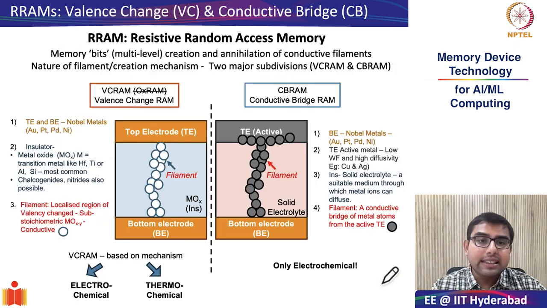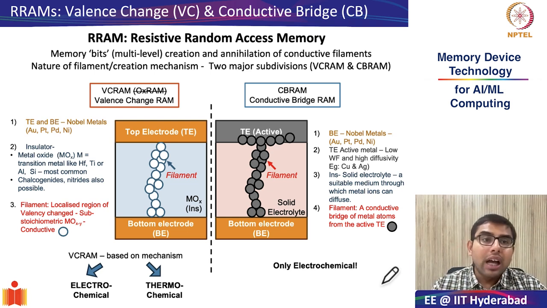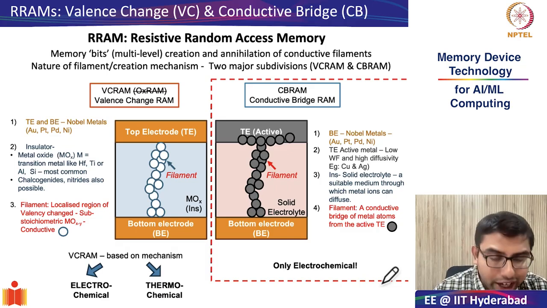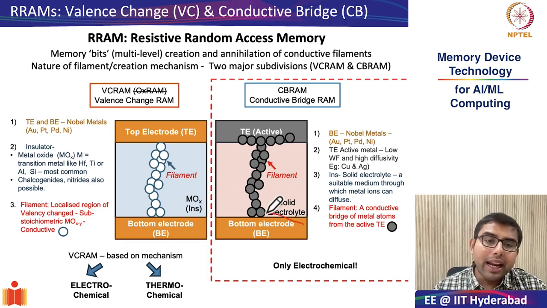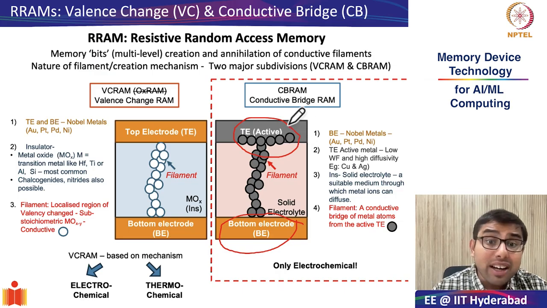Okay, with this understanding, let's go to the second subclass of RRAMs that we had discussed, which is your conductive bridge random access memories. So in conductive bridge random access memories, try to recall, while the bottom electrode was a completely inert material, the filament formation was happening due to the top electrode, which was your active element.